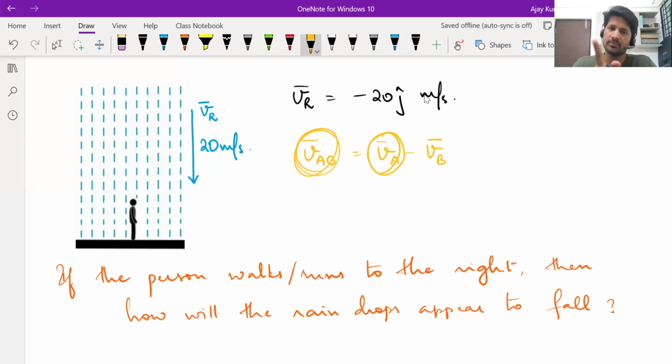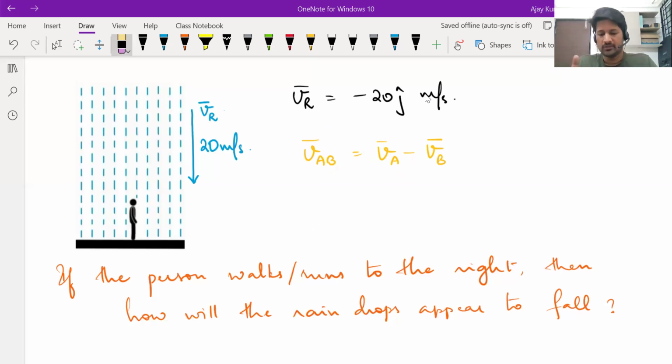But if only one of them changes, then the relative velocity will definitely change. Are you all convinced with this or not? Generally, if x is equal to y minus z, if only y changes, then x value will definitely change. Is this idea clear to all of you? Any question in this?